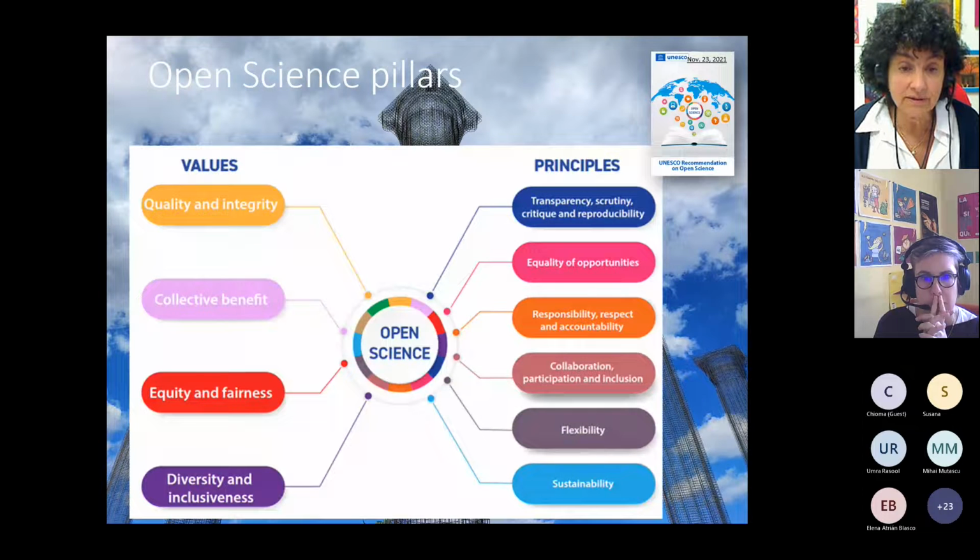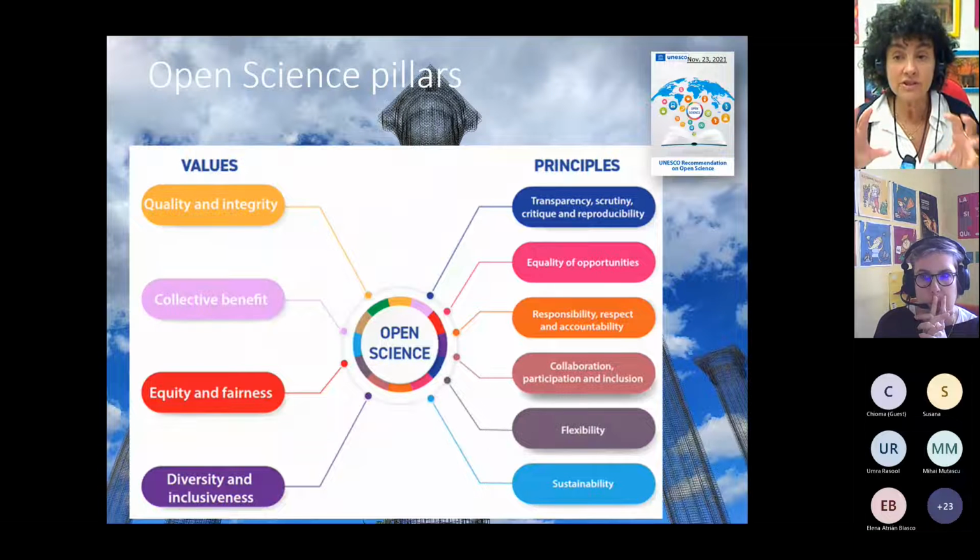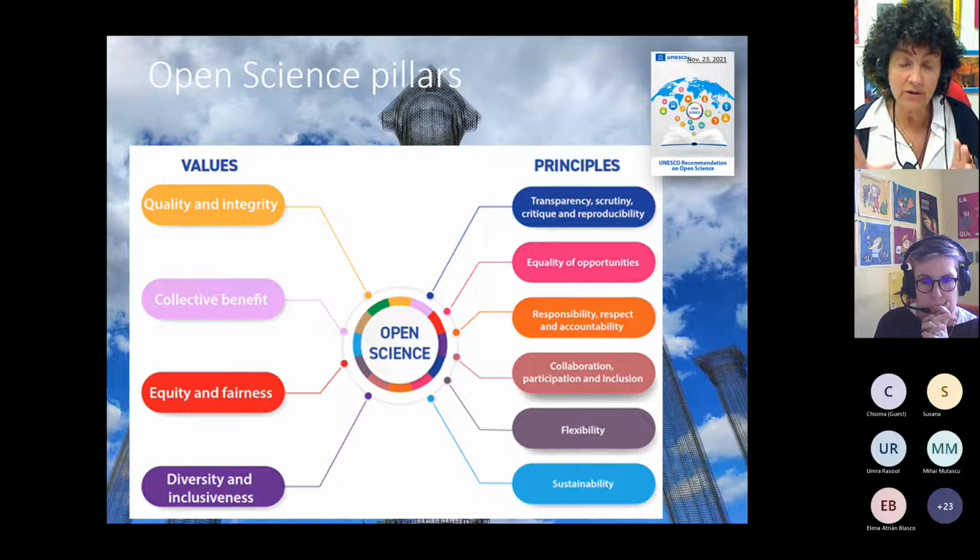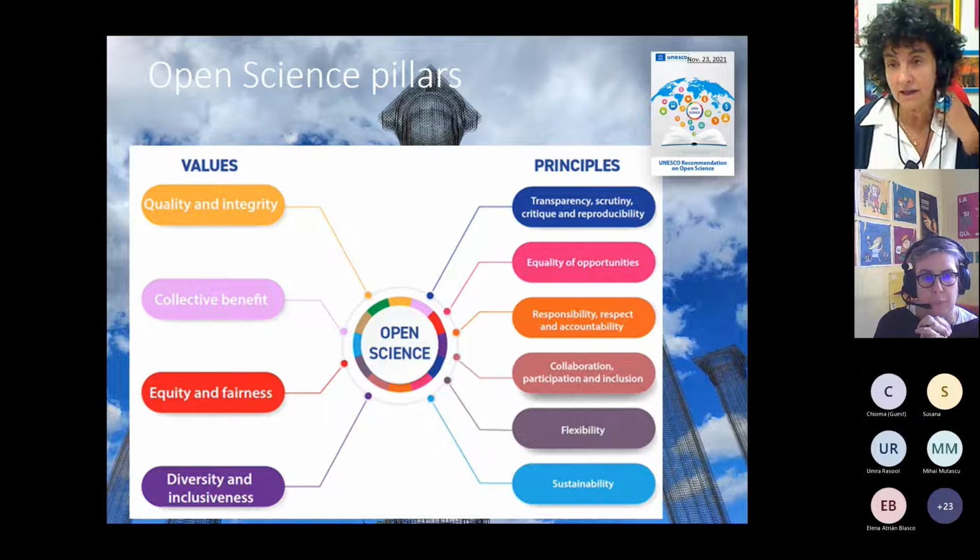And if you look at the values and the principles of open science, which is what is at stake here, during our first module we focused mostly on the why we need open science and on the benefit of open science, not on the how. How is simply a rule. There is plenty of material out there by which you can learn how to do open science.